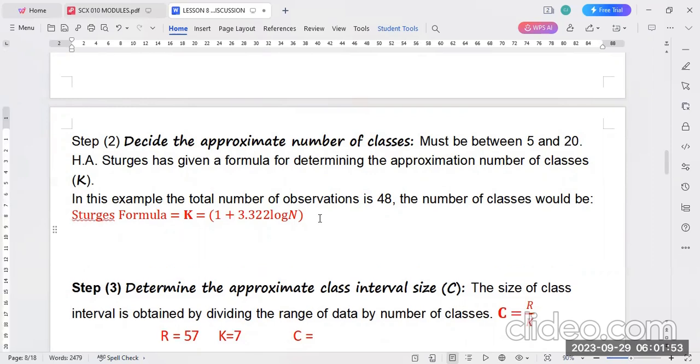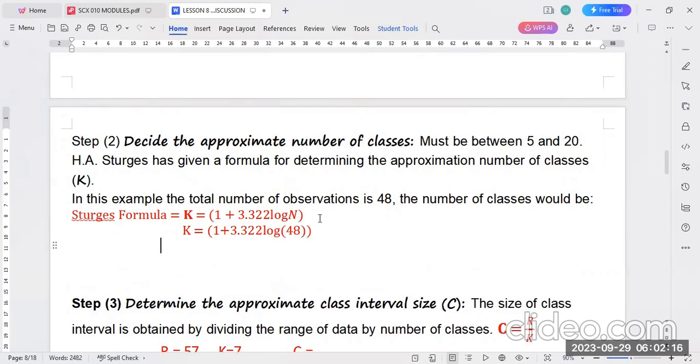So, to solve for that, K is equal to, this is constant, you just substitute the value of N, 1 plus 3.322 logarithm, and then we have 48. So what's the value of K? K is equal to, just enter the numbers on the calculator. 1 plus 3.322 logarithm of 48.